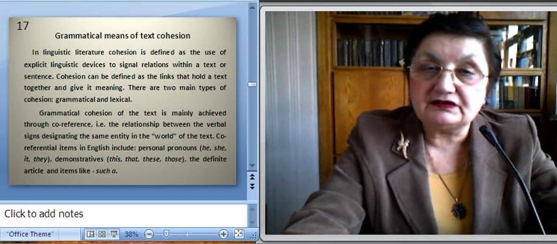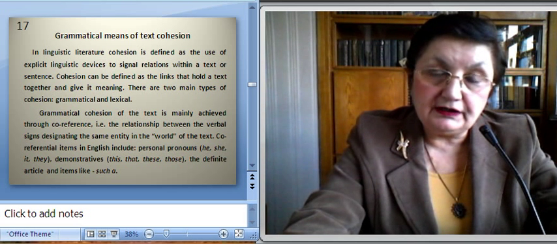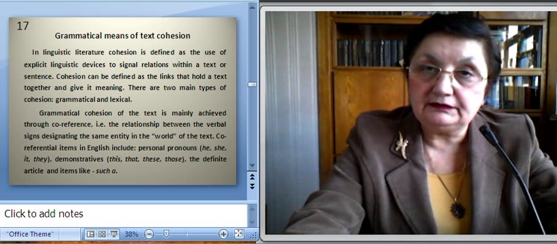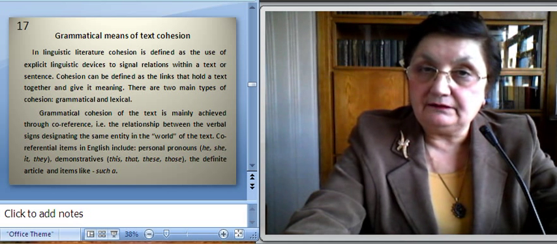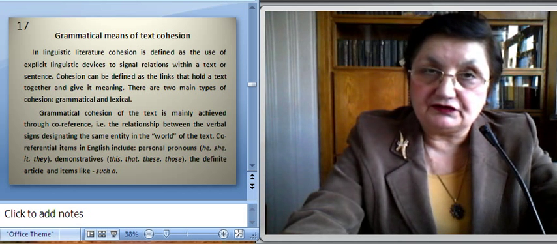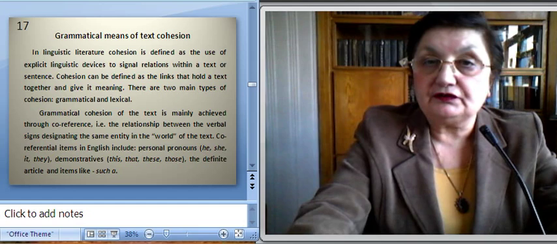There are two main types of cohesion, grammatical and lexical. Grammatical cohesion of the text is mainly achieved through coreference. That's the relationship between lingual signs designating the same entity in the textual world.